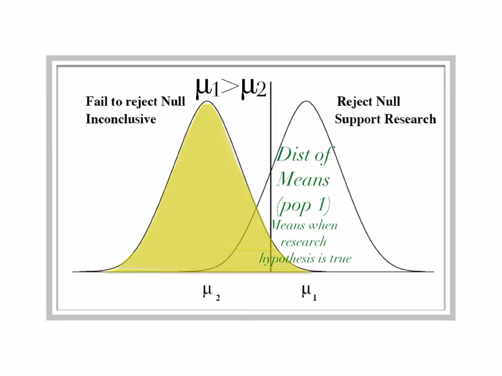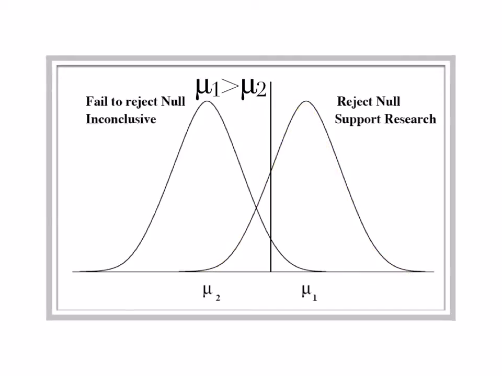Again, we're doing null hypothesis testing. So our comparison distribution is the idea that the null hypothesis is true, that there is no effect. Everything under this curve is that distribution of means, the means when the research hypothesis is true.